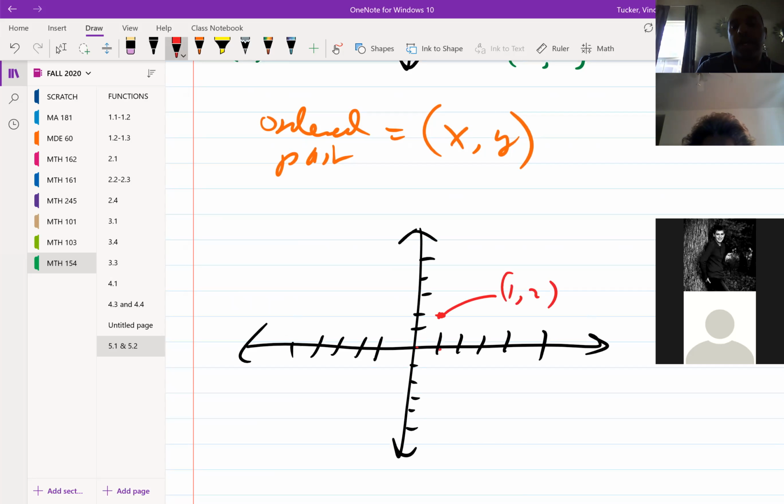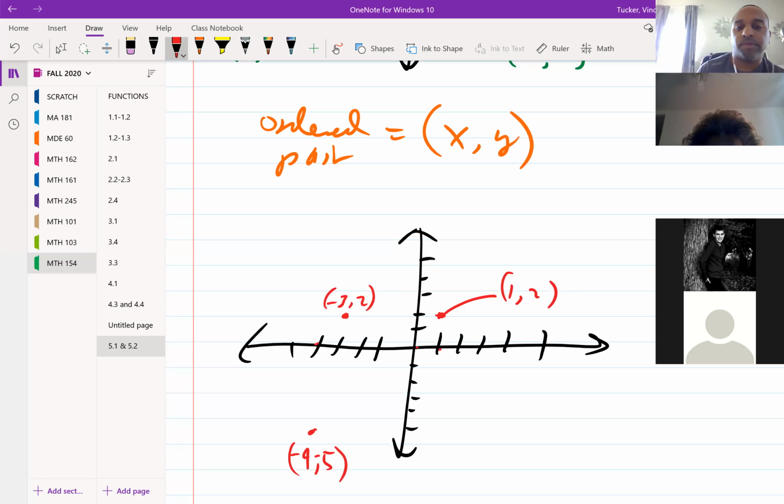If I wanted to plot negative 4, negative 5, I would go to the left 4, down 5. Negative 3, 2, I would go to the left 3, up 2. And 1, negative 4, I go to the right 1, down 4.